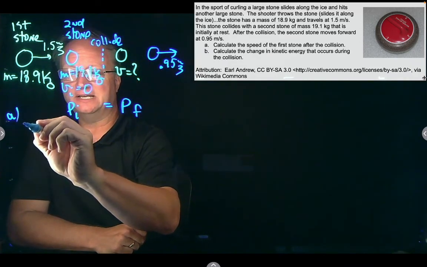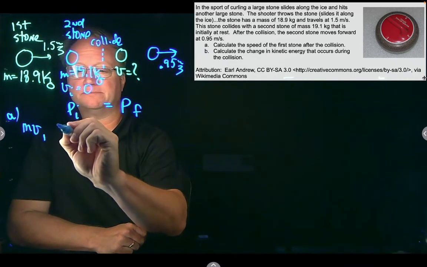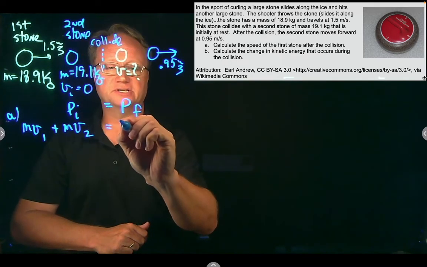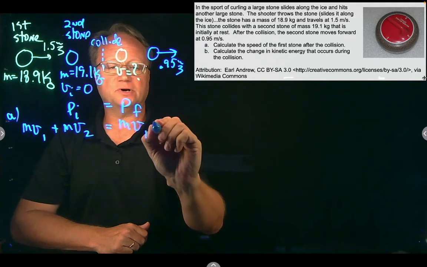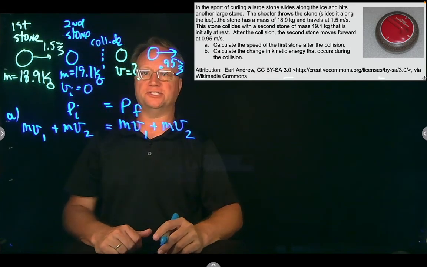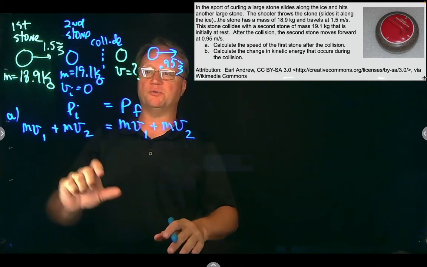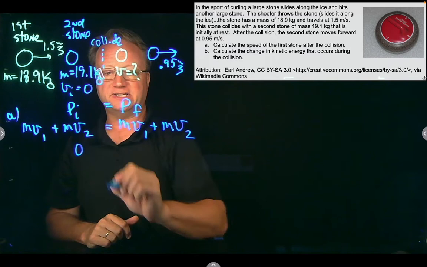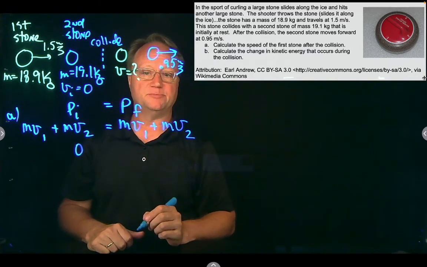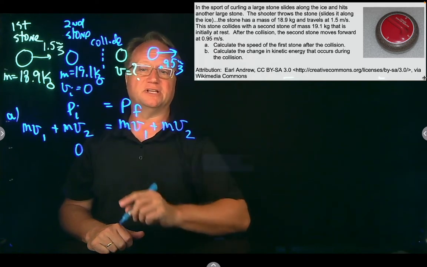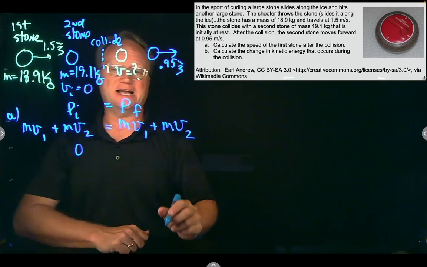So then m v1 plus m v2 before the collision equals m v1 plus m v2 after the collision. Now, everything has momentum except for object 1 before the collision. We're going to end up with a 0 there. But everything else has momentum, and what we're after solving for is the velocity of object 1 after the collision.